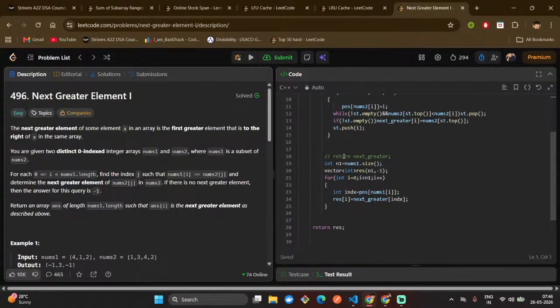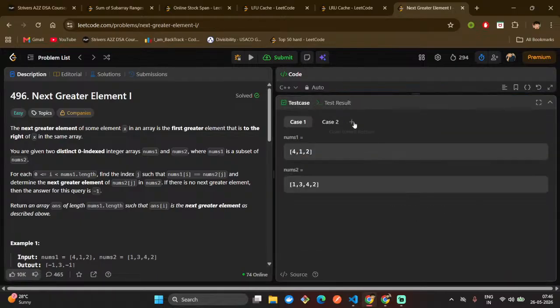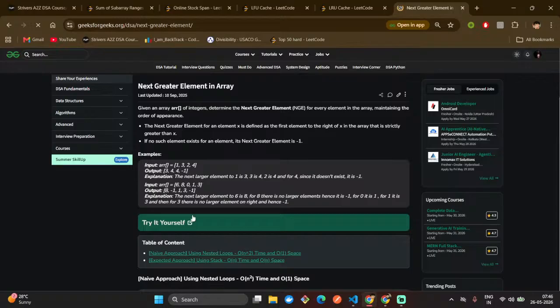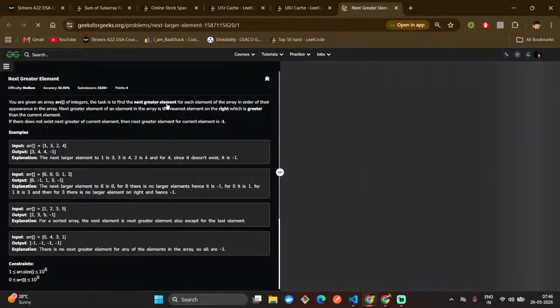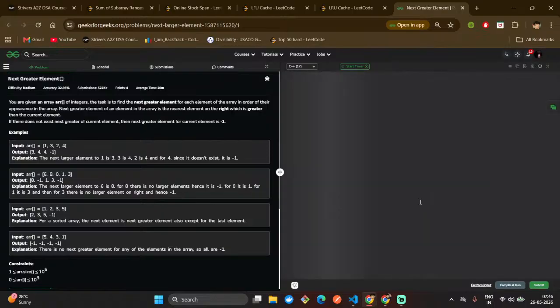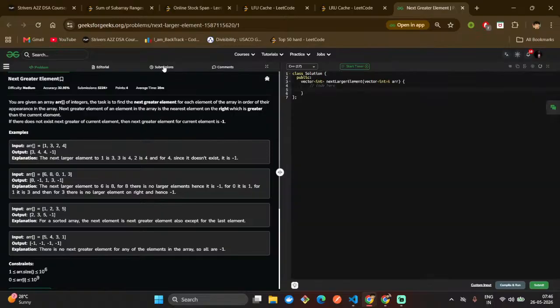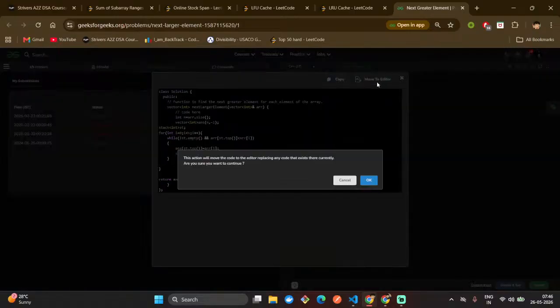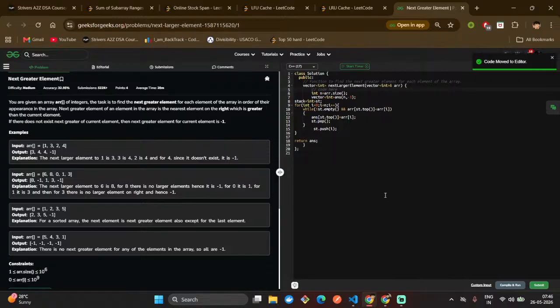Now let's start for the test case. Good, it is the solution. Add a solution and just run the compiler. Right. Now check for the custom output.